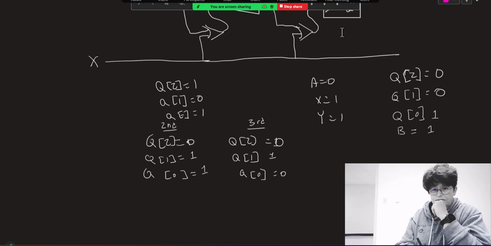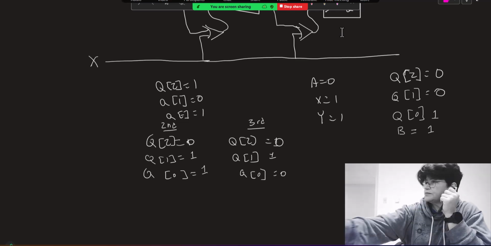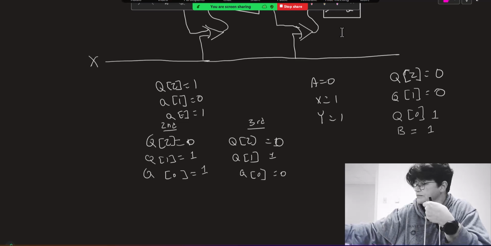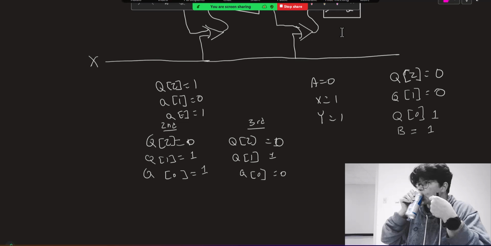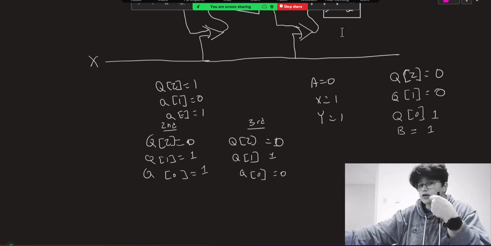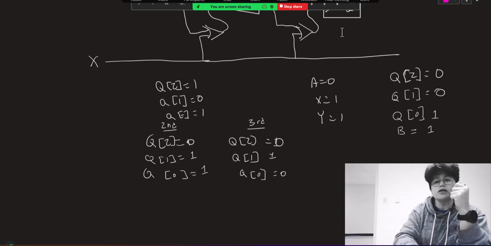Can you re-explain how you got Q1 in the third state? It says when Y is 1. So what does the code say?